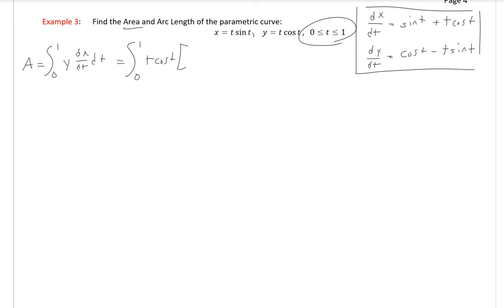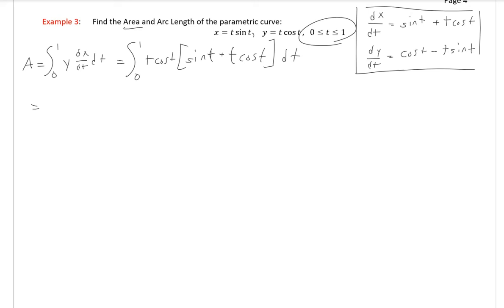I could plug that derivative in here. We get t cosine t times sine t plus t cosine t, dt. I'm going to try to see if I can curve my t's so they look a little bit different than my pluses. So something like that.